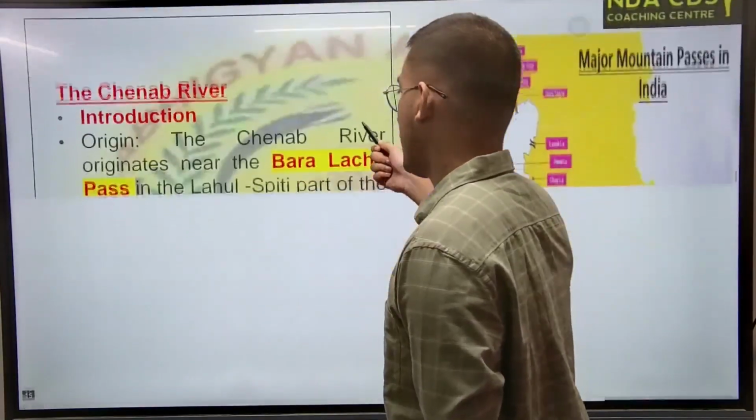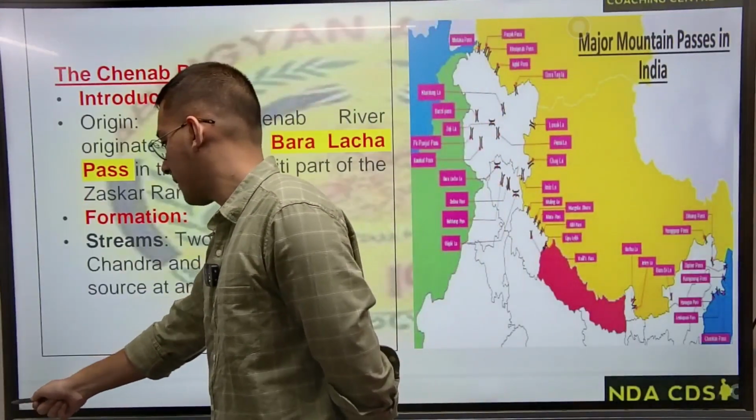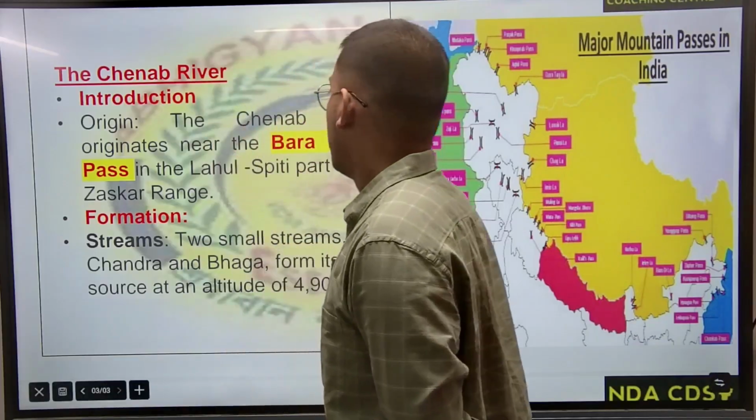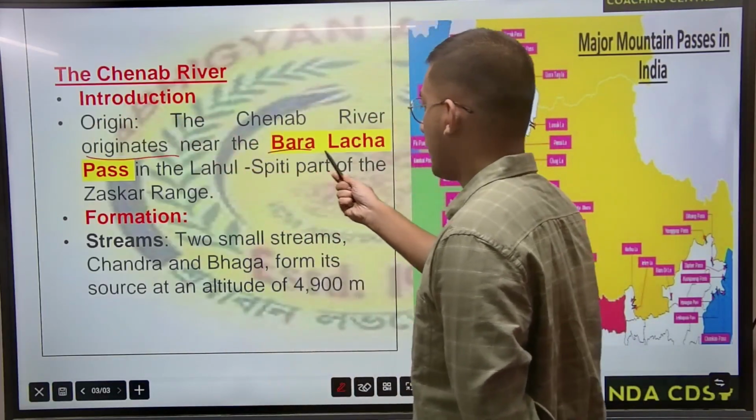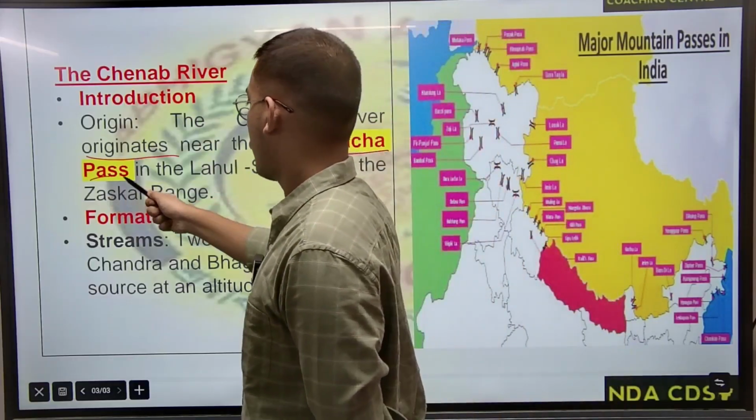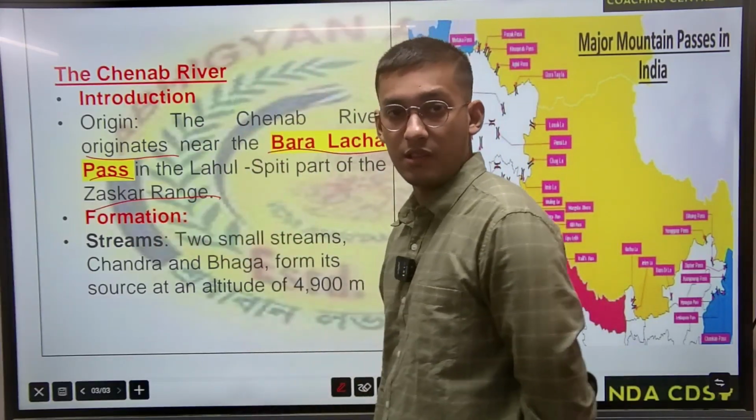We then have the Chenab River. Chenab originates at Baralacha Pass in the Zaskar Range, right?